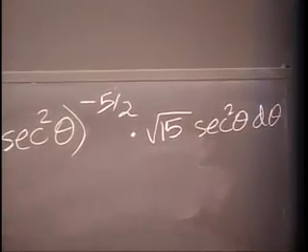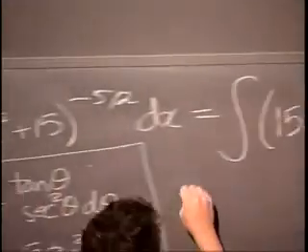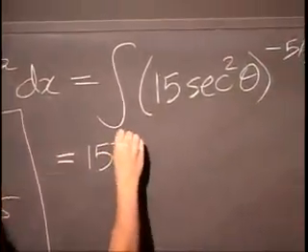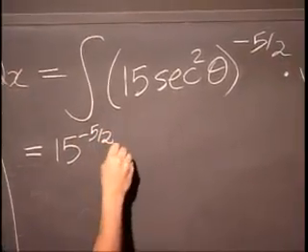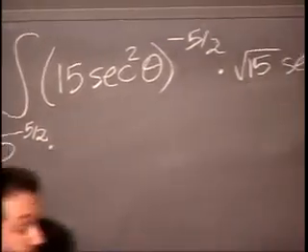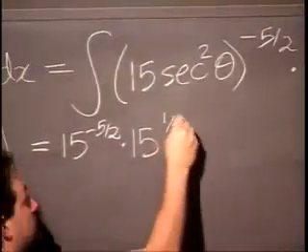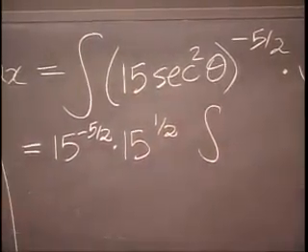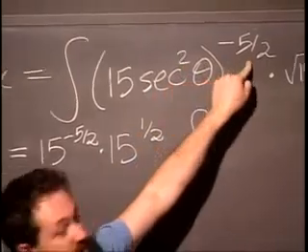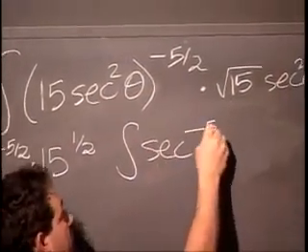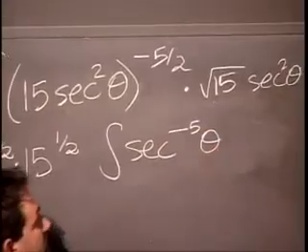Now what? Well, let's deal with the constants first. We'll have 15 to the minus 5 halves from there. And we might as well write this as 15 to the 1 half. And then we'll have the integral. 2 times minus 5 halves is secant to the minus 5 theta.